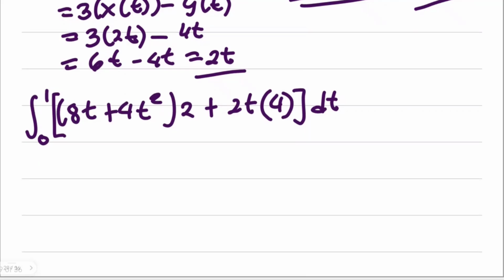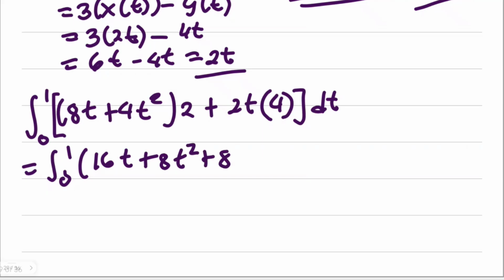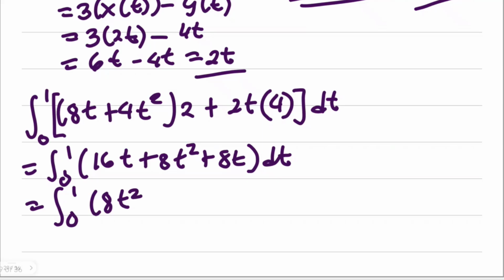Let's continue that. You will have here the integral of, as we multiply 2, you have 16t plus 8t squared plus 8t dt. We can combine the t's. You will have 0 to 1, 8t squared, 16t plus 8t is 24t dt.